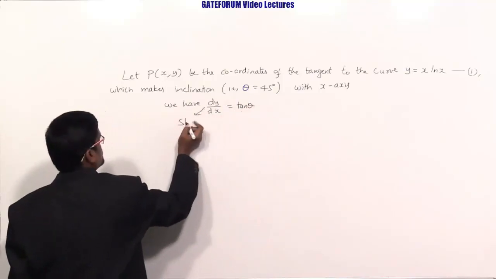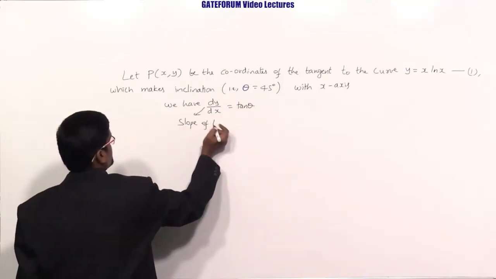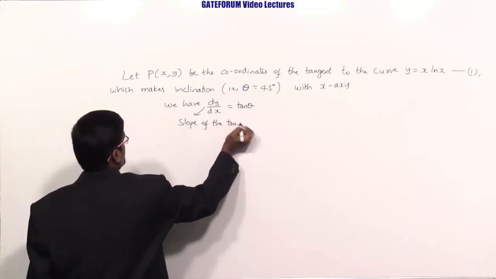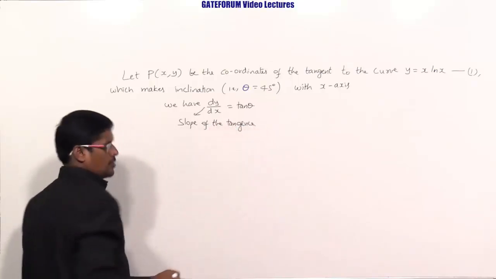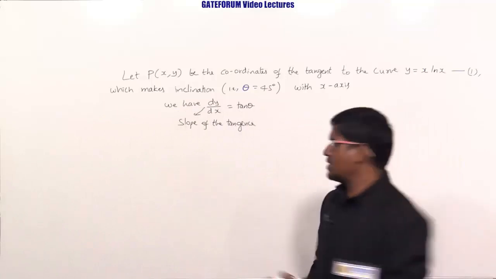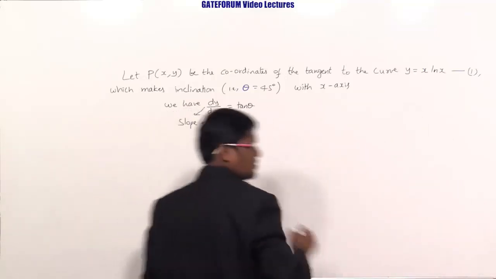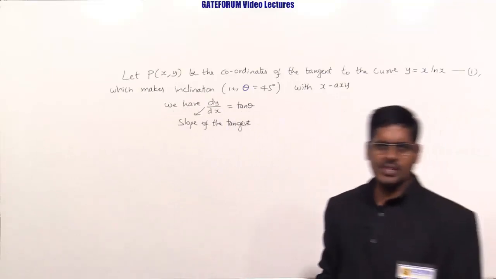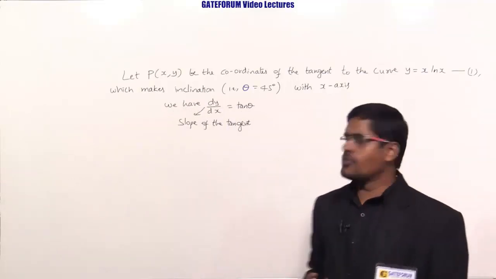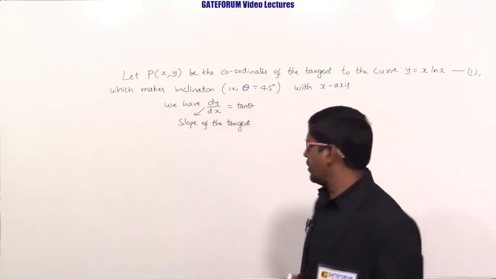What is this? Slope of the tangent. And the same tangent makes an angle theta with x-axis, so that means tan theta is also slope of the same tangent. Every line has one slope. That's why both are equal.